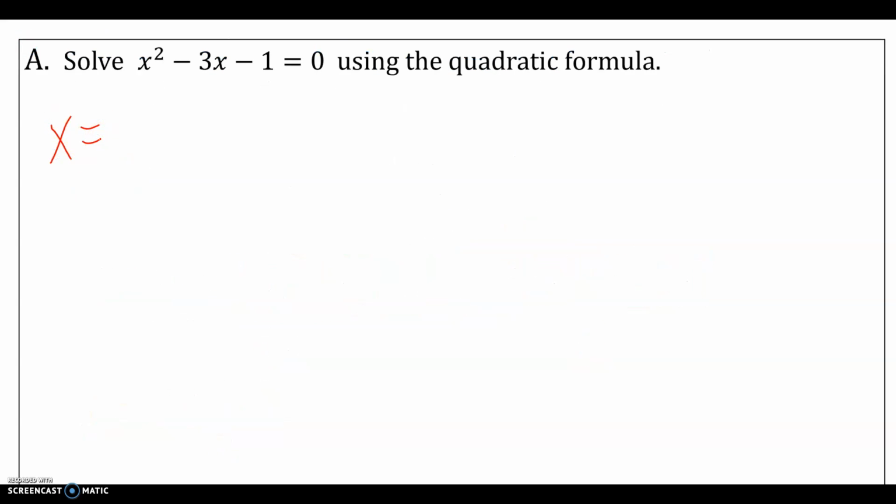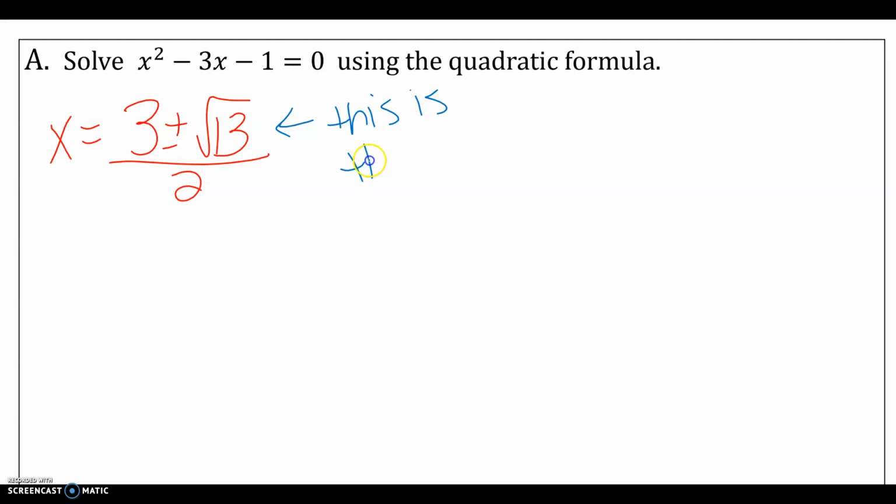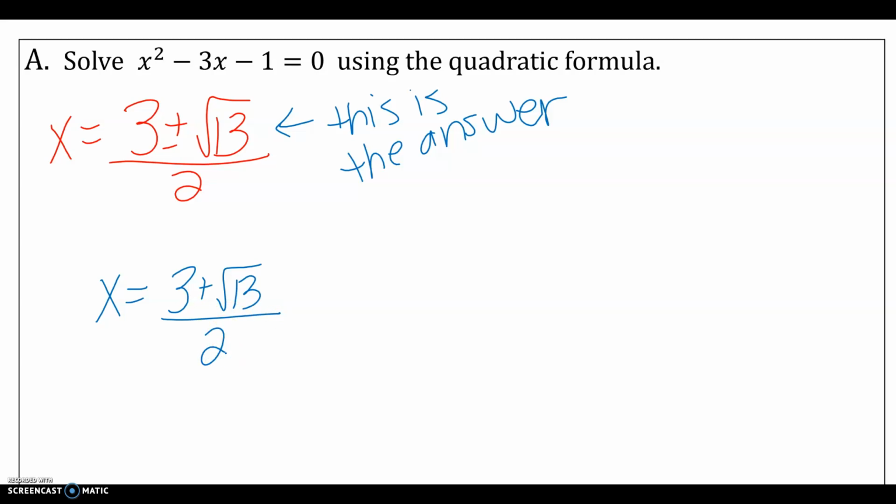So here is our answer that we got. Now, as you can see, you do not know the radical of 13. So technically, this is the answer. Now if you wanted to, you can write it as two answers. So you can do x equals, like we did before, 3 plus radical 13, all divided by 2, and then 3 minus radical 13 divided by 2.